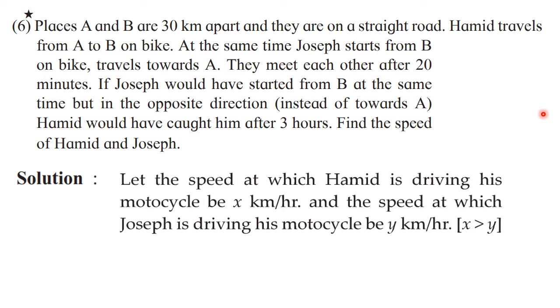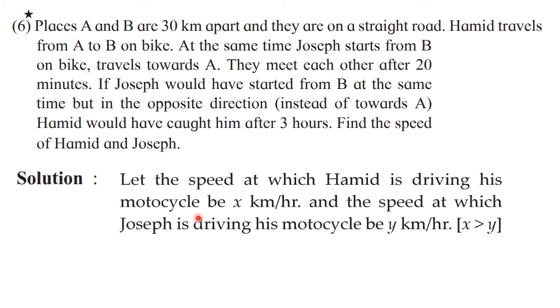Got it? That is why it is mentioned that x is greater than y. Speed of Hamid's bike should be more than that of Joseph. Then and only then are they going to meet. Okay. Now let us see it properly, and we will discuss both the cases or both the conditions separately to find out the equations.